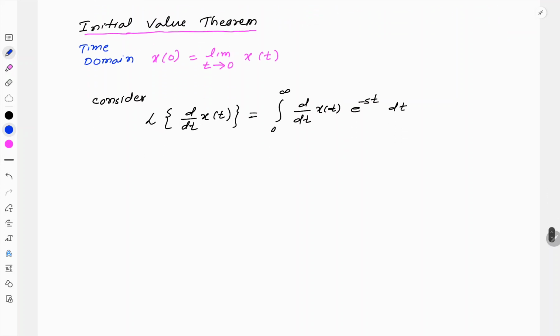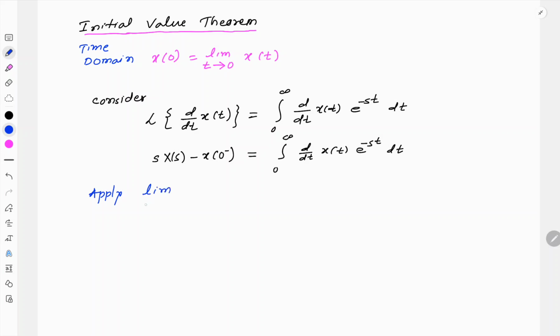So our equation becomes s into x of s minus x of 0 minus, where x of 0 minus is the initial value, equal to this integral, keep it as it is. Now apply limits on both sides.